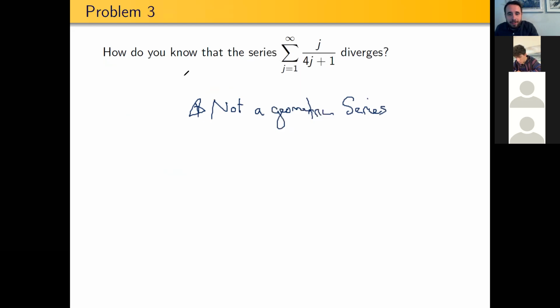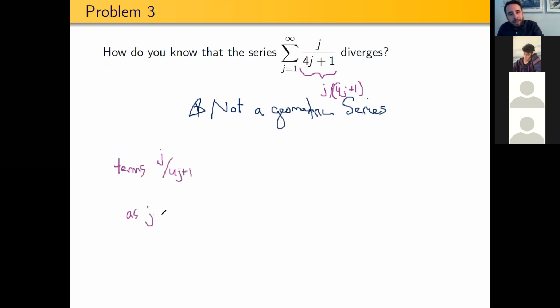Well, to see that, we can use what's called the test for divergence. We can look at the individual terms, the terms of the form j divided by 4j plus 1, and see what happens to those terms as j goes to infinity.